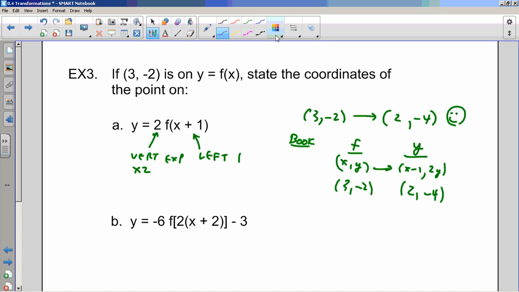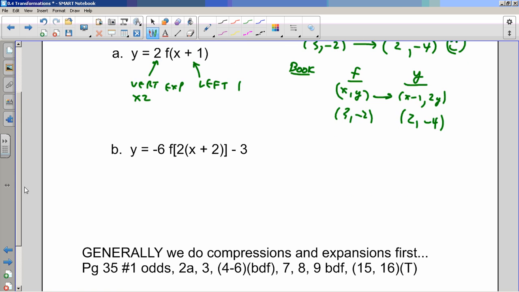We'll see that it does get a little more complicated when the function gets more complicated, right? So here, let's think of all of these transformations. This is a vertical reflection and expansion by factor 6. The multiplied by 2, and notice the brackets here, is a horizontal change.